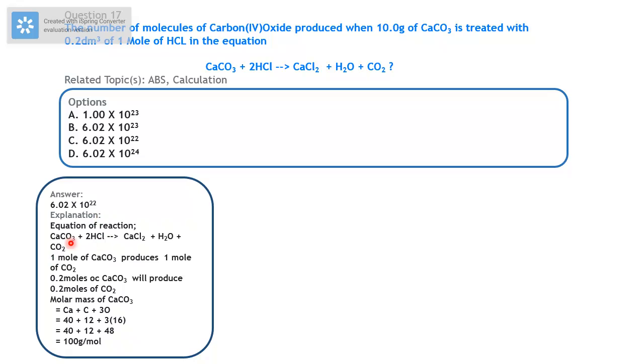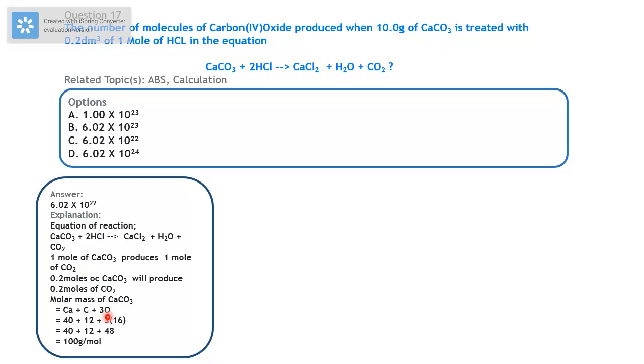From the equation, we see that 1 mole of calcium carbonate produces 1 mole of carbon dioxide. So 0.2 moles, as we have from the question, is going to produce 0.2 moles of this as well, and the same applies to the volume: 0.2 dm cube of this will produce 0.2 of this.